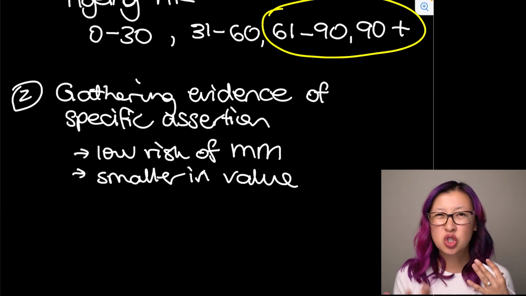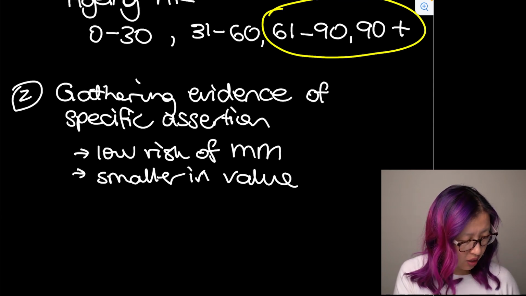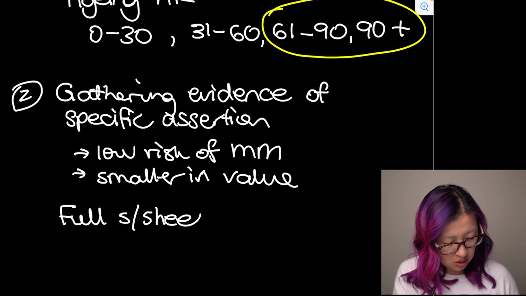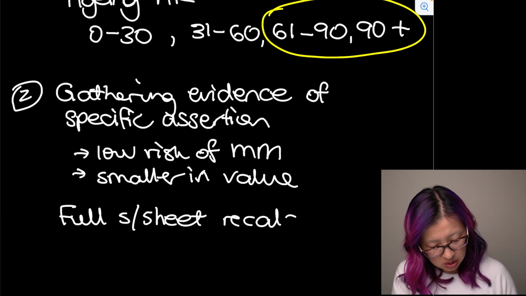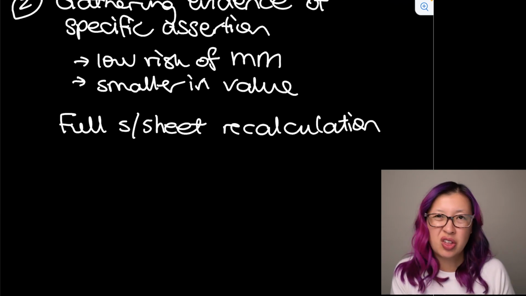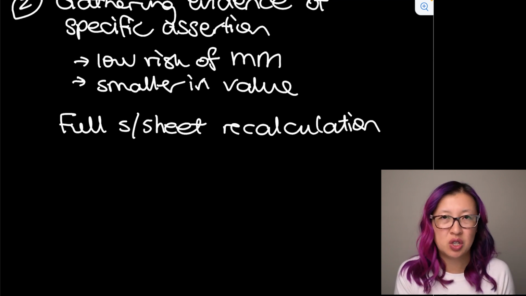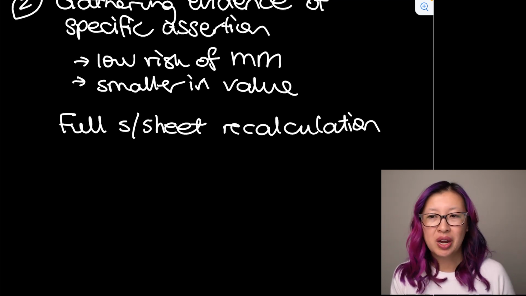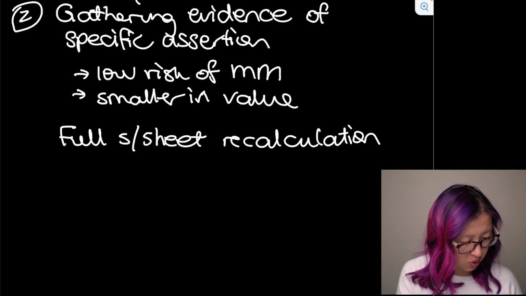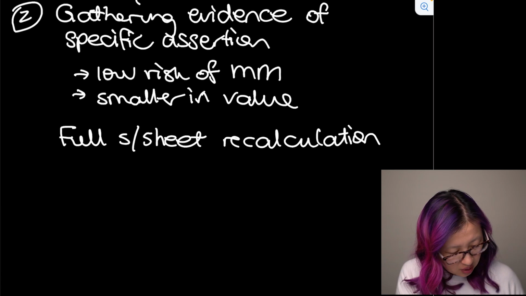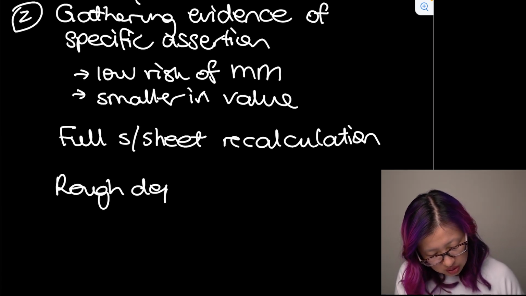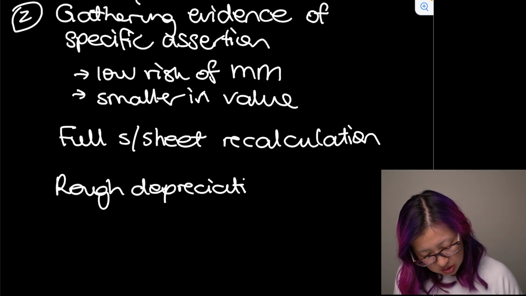All right. And so those analytical procedures, again, could be like a full spreadsheet recalculation. Okay. Or it could be, and that's really more a substantive test, a meatier test, but it could be things more like, let me just come up with a good example here. Rough depreciation estimates.